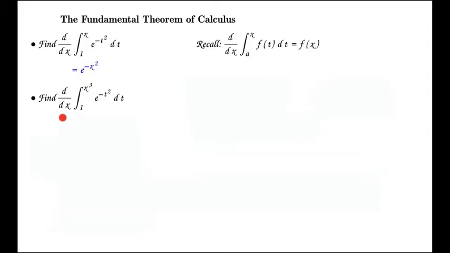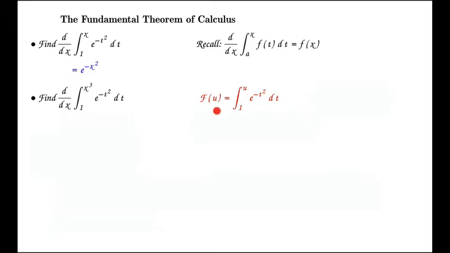In this example, we want to take the derivative with respect to x of the integral from 1 to x cubed of e to the minus t squared dt. This case is a little more complicated because the integral is no longer a function big F of x, it's a function big F of x cubed. So we're actually going to do a u substitution to simplify this problem.